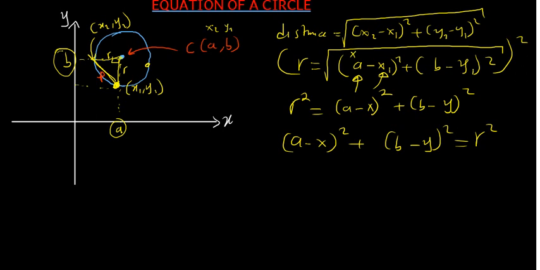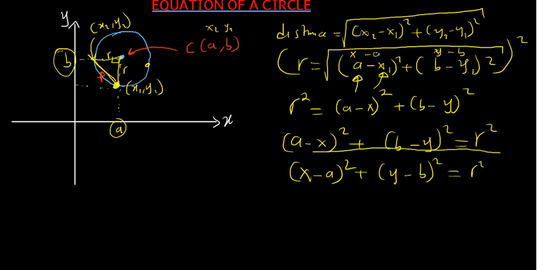If we are starting with x and then a, and y and then minus b, so this equation is now going to be (x minus a) squared plus (y minus b) squared, and that is going to be equal to what? R squared. So this equation which we have here is what gives us the equation of a circle.